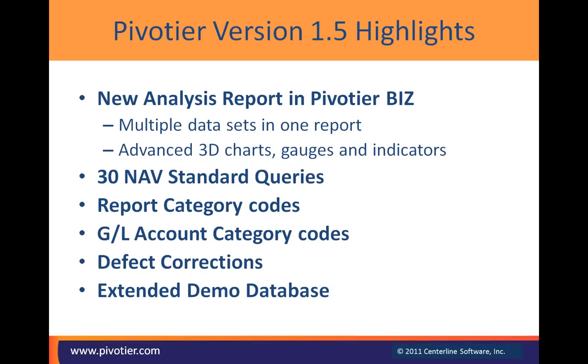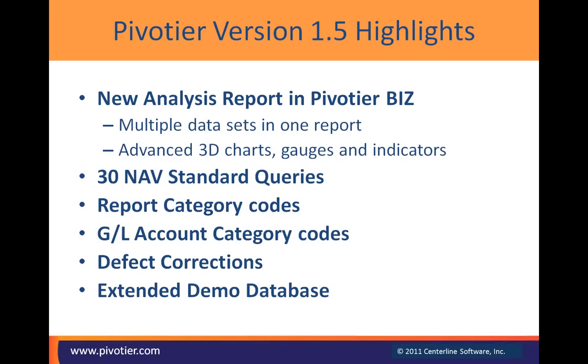If you are an existing Pivotier user or you decide to buy other Pivotier tool components with your Express Plus purchase, then you'll be on version 1.5, and in version 1.5 we've added some new features.